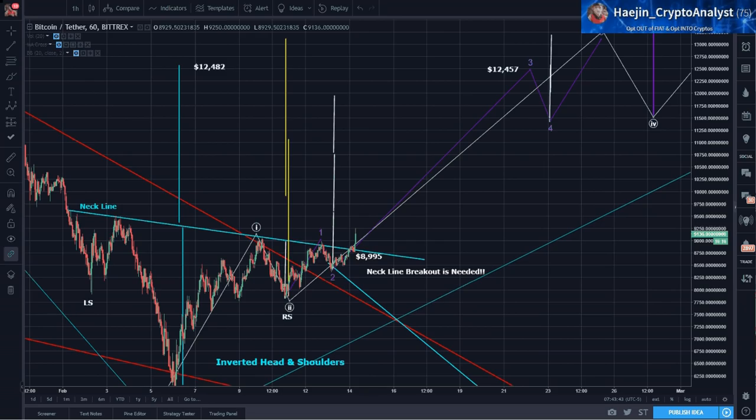We also have to understand now that the neckline, which was breached, may come back and sit on it, but this time it'll act as support. The reason it will act as support is that at that level, many of the people who missed out on this breakout are thinking to themselves, if the price comes back, I'm not going to miss it this time. I'm going to buy.